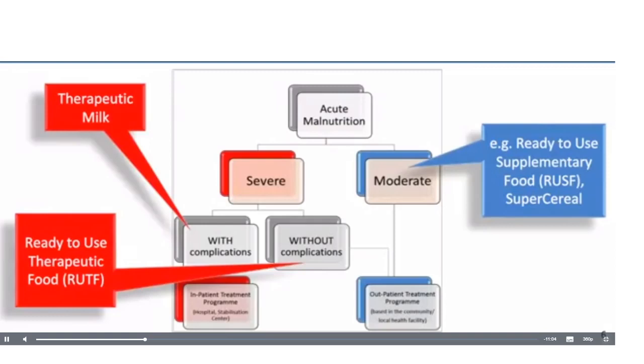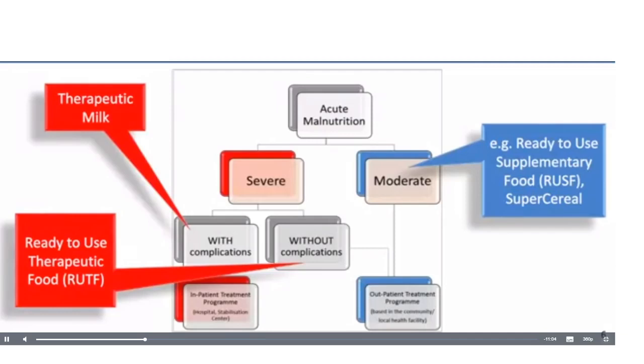In case of severe malnutrition, we've got two types of patient, with complications and without complications. In case of a patient with severe malnutrition who is quite active, stable, and has no severe diseases, you can use ready-to-use therapeutic food.